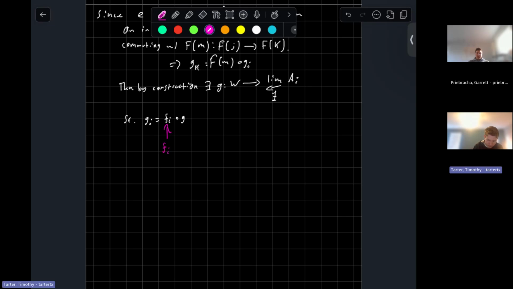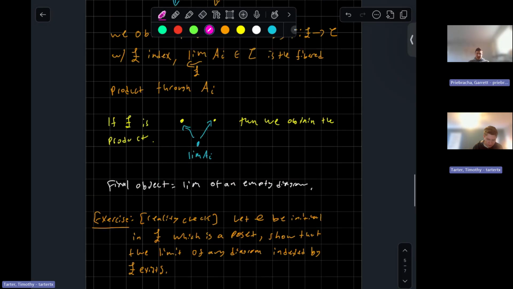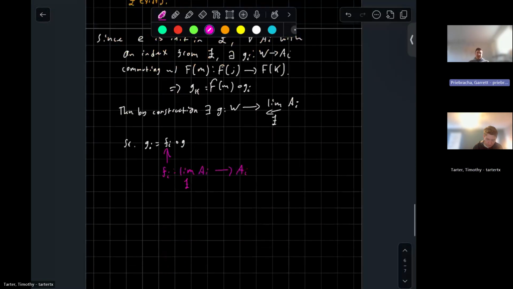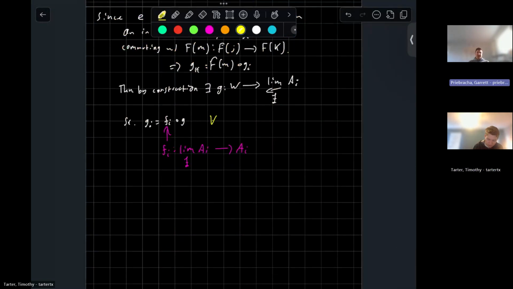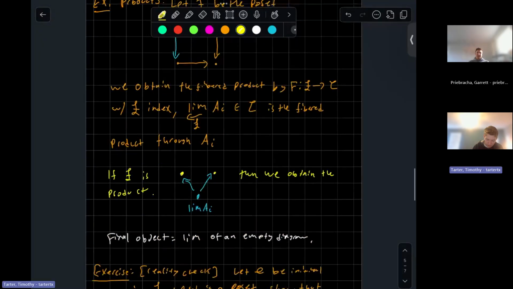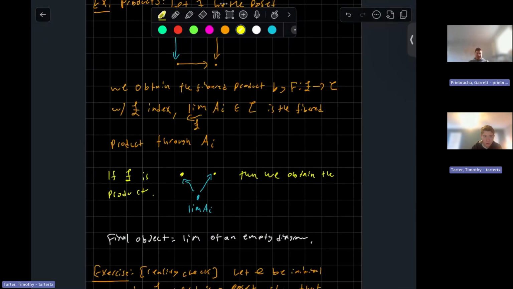The limit, so phi_I goes from the limit of A_I over F into A_I. So on that diagram back up there, the triangle one, there's F_J.